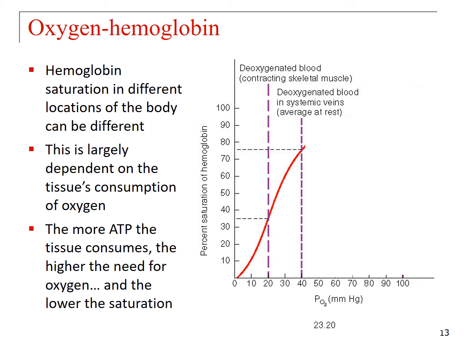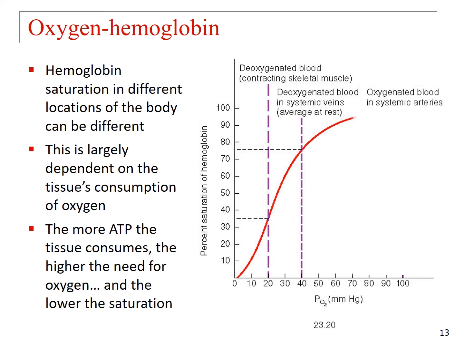So just to summarize, at this very low partial pressure of 20, about 35% of your hemoglobin is full up. At a higher pressure, but still really low, of 40 millibars, you've got about 75% of your hemoglobin that's full up.